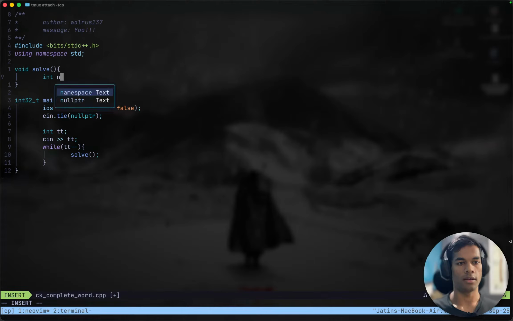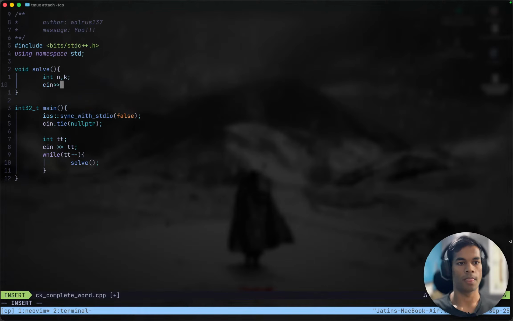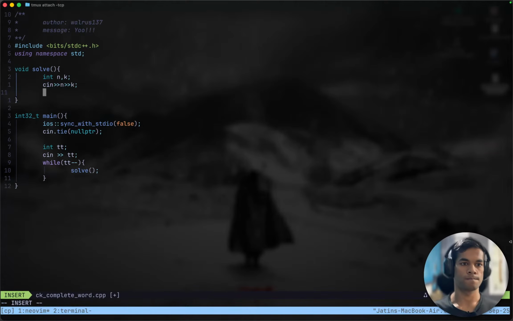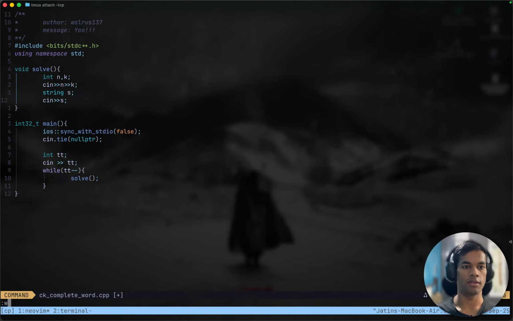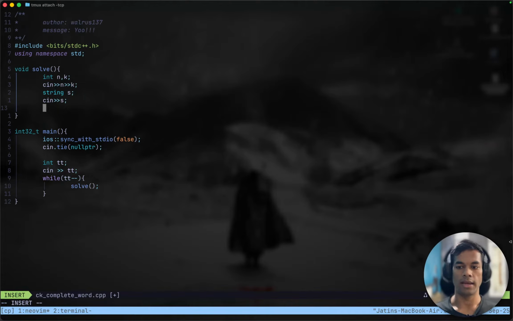Delete everything and write from scratch. Take in N, and take in K, and the string S. Wait, how much time? 19 minutes. That is okay. Take in S. And now we are going to divide this string S logically, not actually in data structure terms, into chunks of size K. And we are going to count.